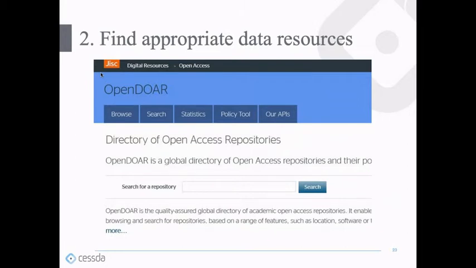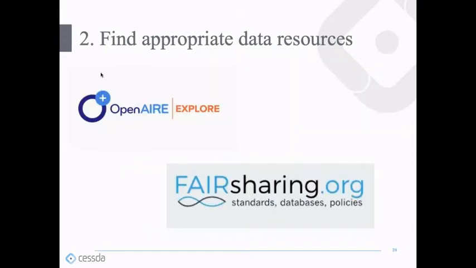OpenDOAR, or Directory of Academic Open Access Repositories, offers 3,500 academic open access repositories. Important examples of other repositories are OpenAIRE Explorer and FAIRsharing.